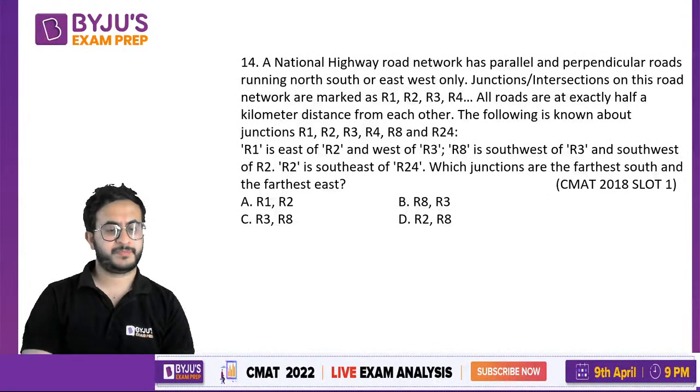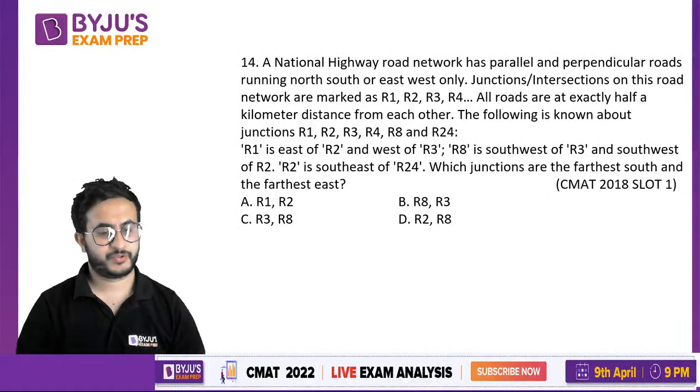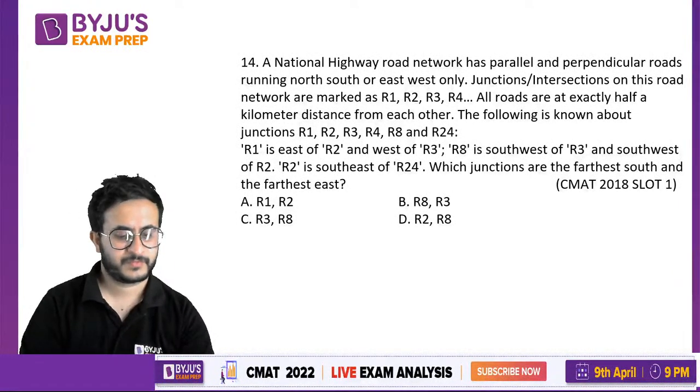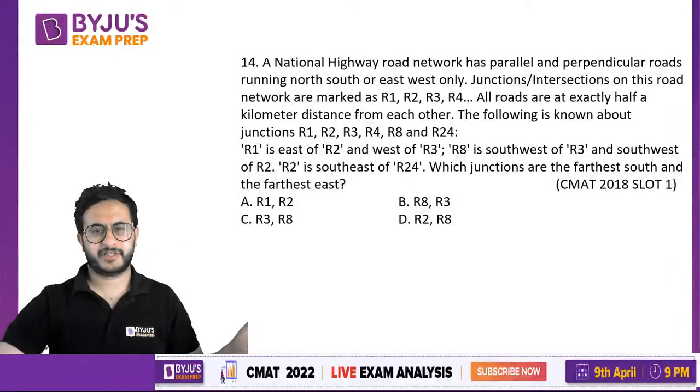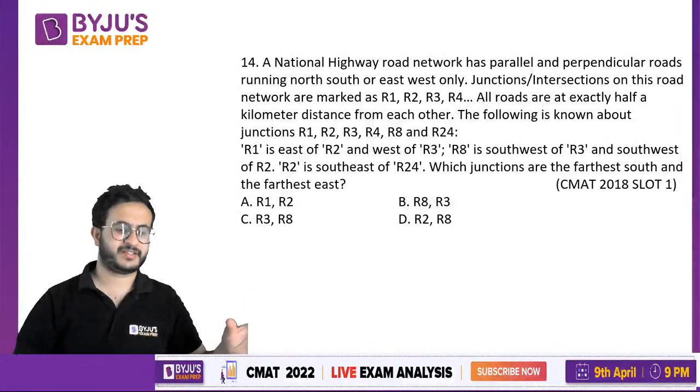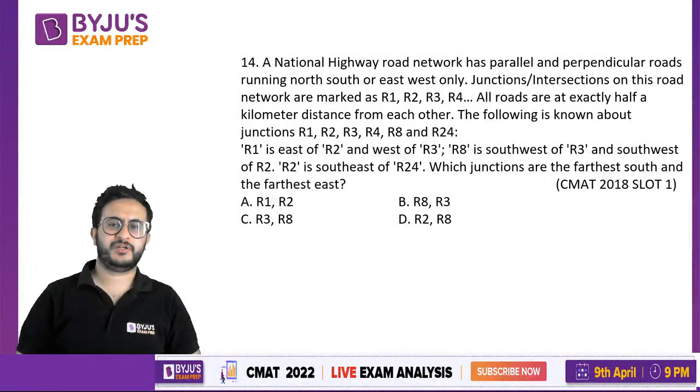It's a question based on directions of the roads. Now, many times they give additional data like half kilometer distance, right? You do not have to find the distance. They have asked which is the farthest south and farthest east.